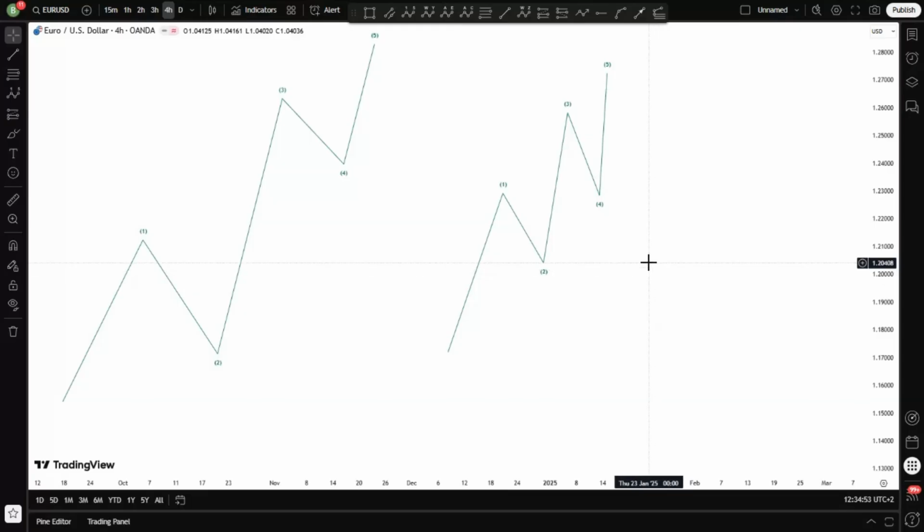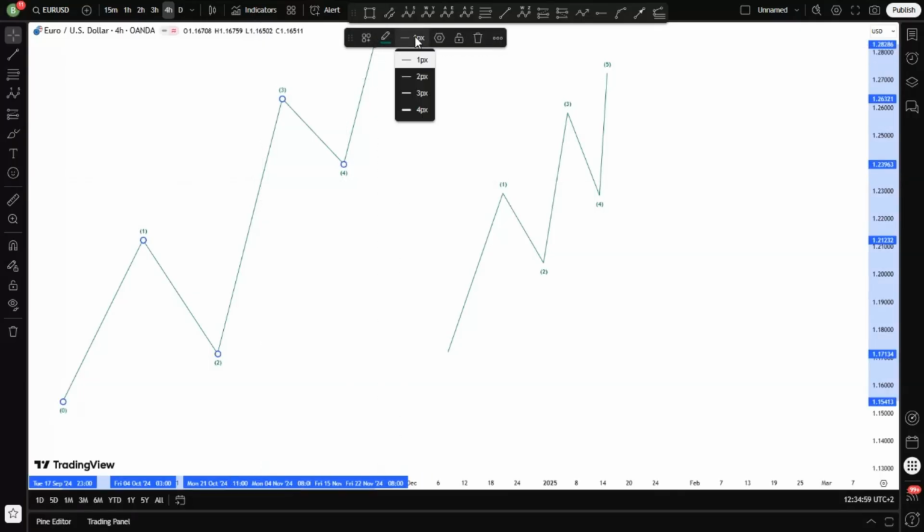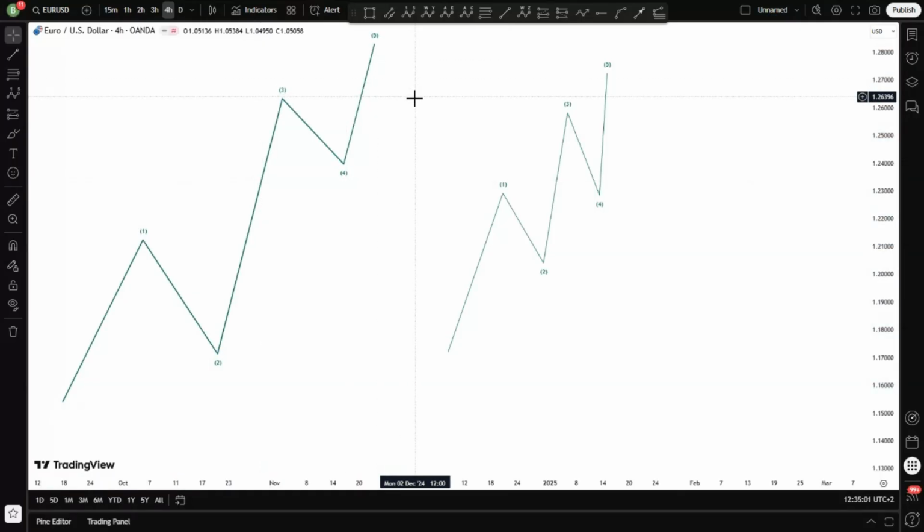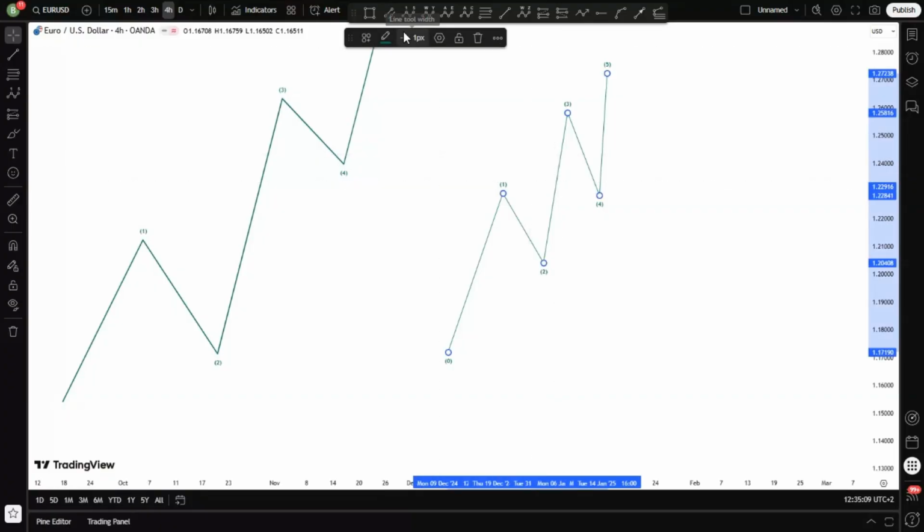So in this video, guys, I'd like us to focus more on using the Fibonacci tool when it comes to understanding the motive wave.